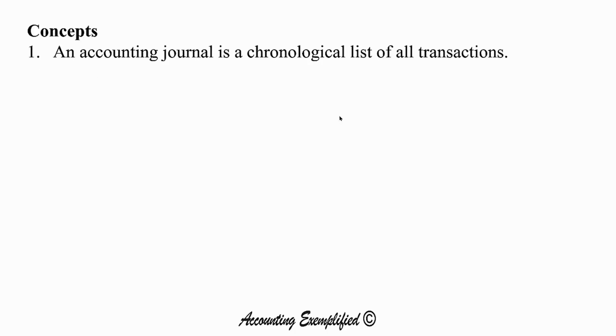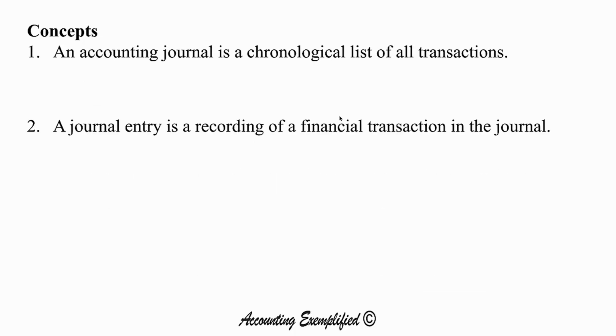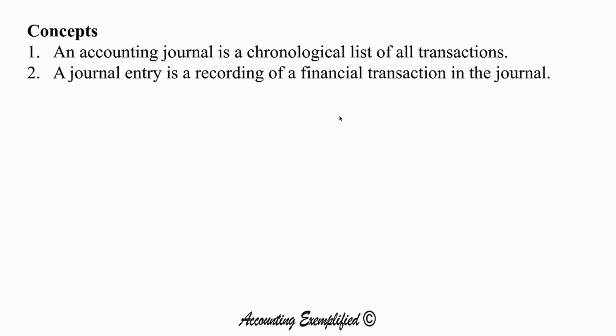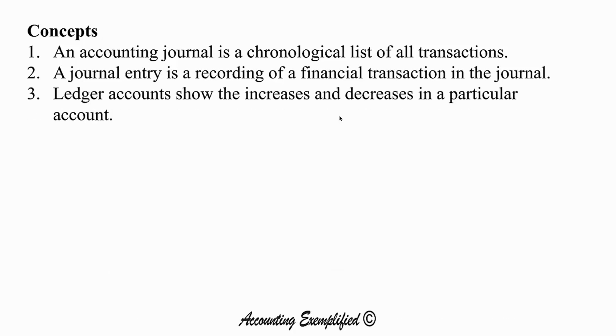Now, what is a journal entry? A journal entry is a recording of financial transactions in the journal as they happen. Now, what are ledger accounts? Ledger accounts, also called T accounts, are individual records for each specific account.